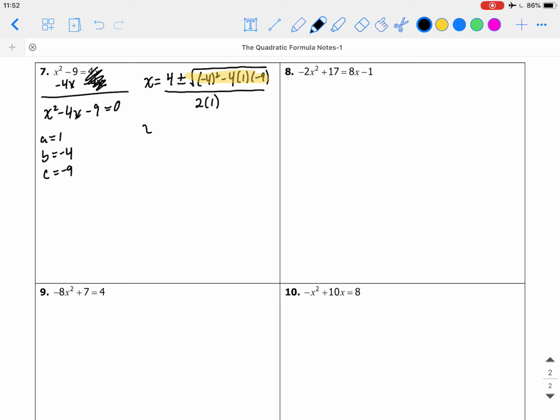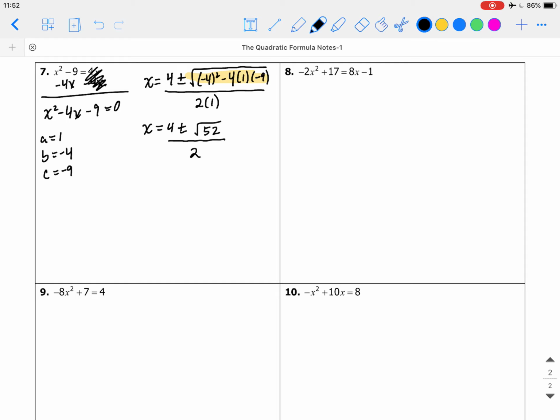All right, let's simplify everything under the radical. We will have x is equal to 4 plus or minus, and everything under the radical will simplify to be the square root of 52 all over, and 2 times 1 will be 2. The square root of 52 is not a perfect square, right? So we can't simplify that super nicely.